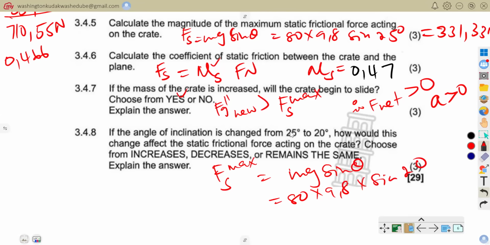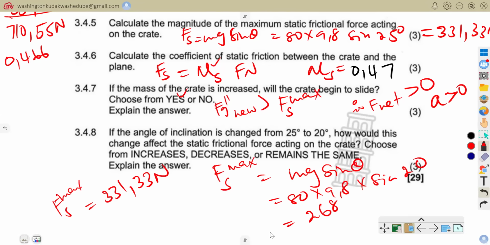Because initially, our static frictional force was equal to 331.33 newtons. Now it will be equal to what? 8 times 9.8 times sine 20. It will now be equal to 268.